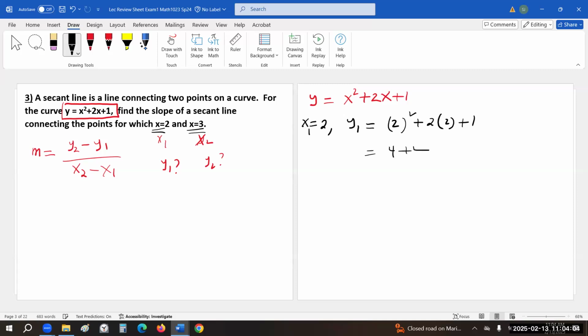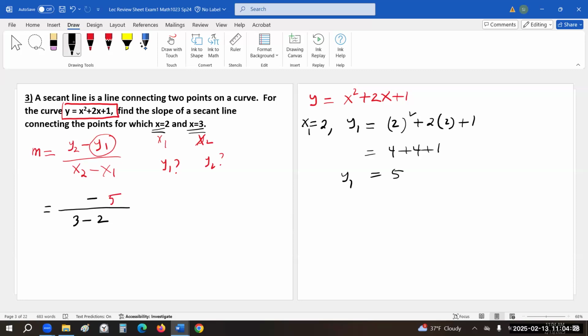So we get 4 plus 4 plus 1, which gives us 9. So in the equation, we know x2 is 3, x1 is 2. Now we just found y1, so you can replace this y1 with 9.